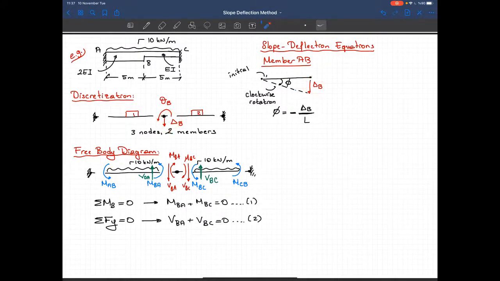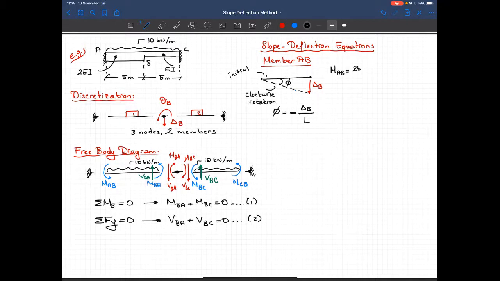I define that the translation will be in the downward direction, and I'm defining my phi angle according to this direction. In that case, delta B is in the downward direction, which makes the phi angle a clockwise rotation, and that's why I put a minus sign. After having determined that, I can calculate what MAB is.